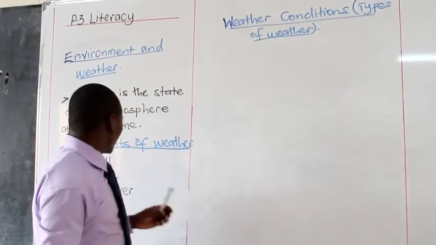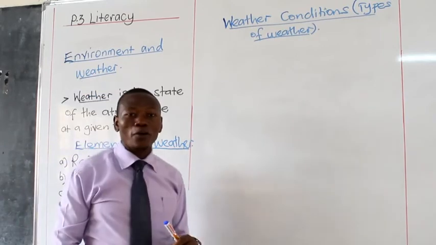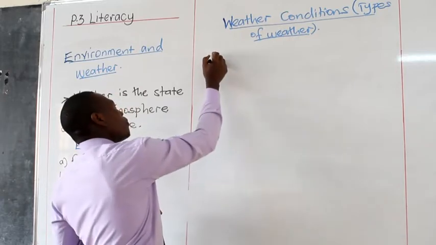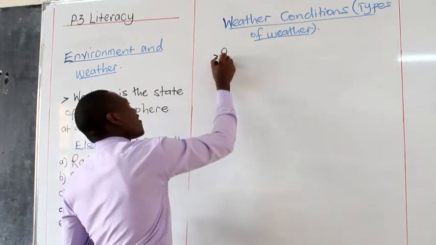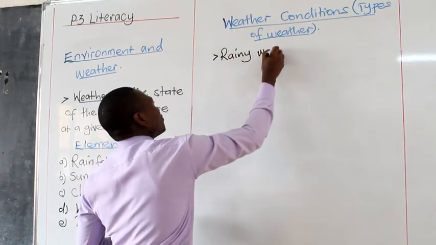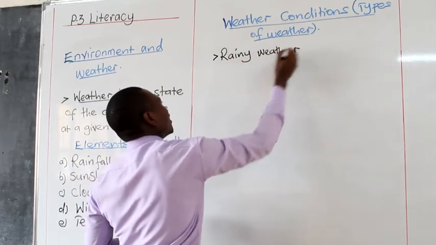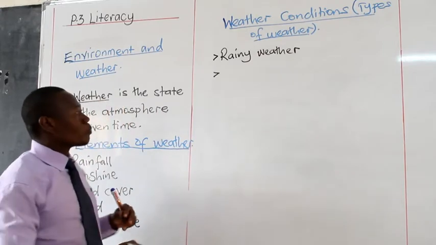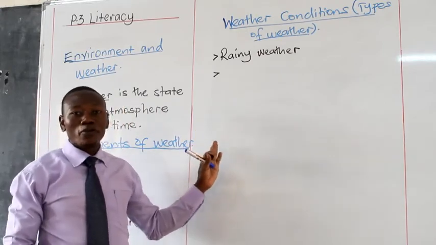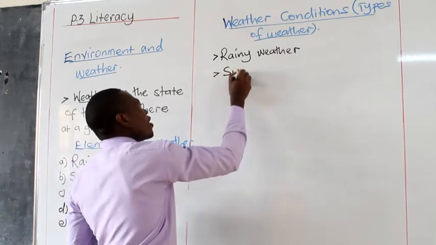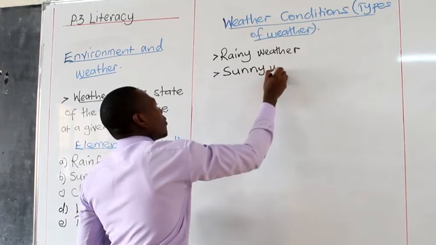What does the rainfall form? The rainfall forms a type of weather called rainy weather. While the sunshine brings a type of weather called sunny weather.